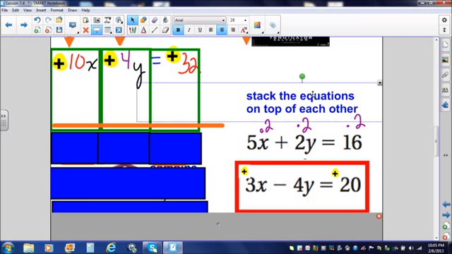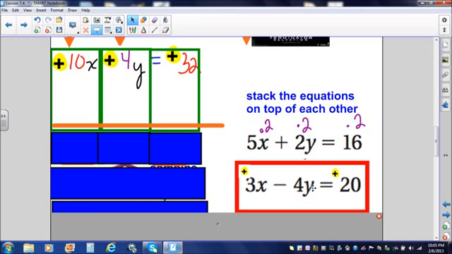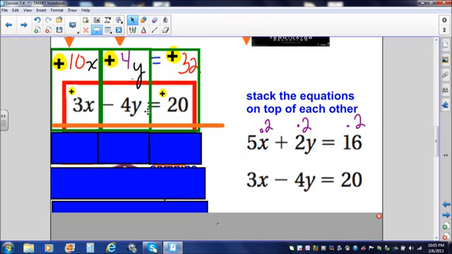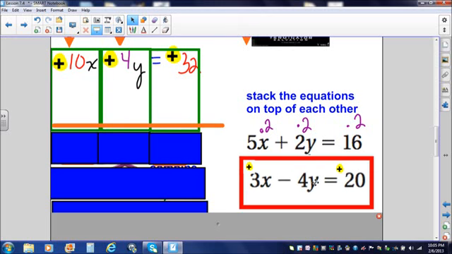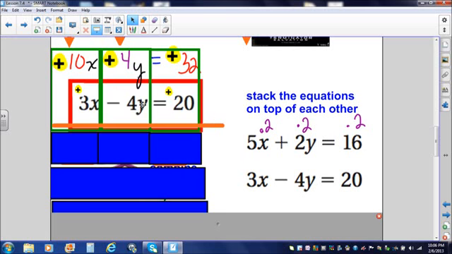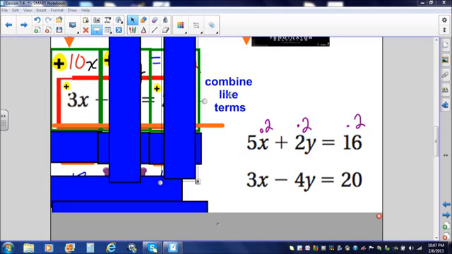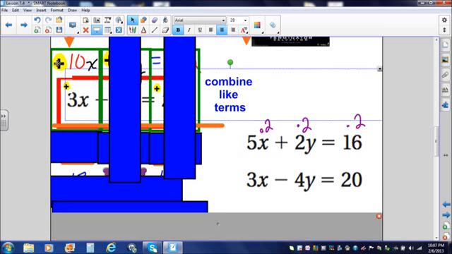So now I'm going to stack the equations on top of each other. I'm going to take the equation that I did not work with yet, and I'm going to slide it over here. Take the equation that you did not touch, and slide it over here. Now I'm going to combine like terms.